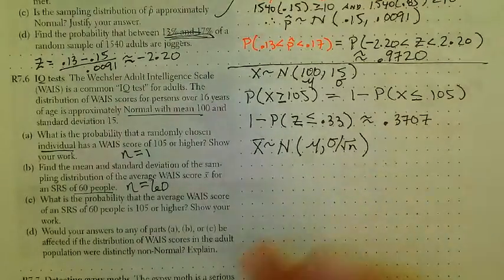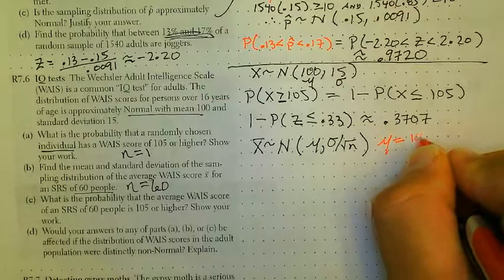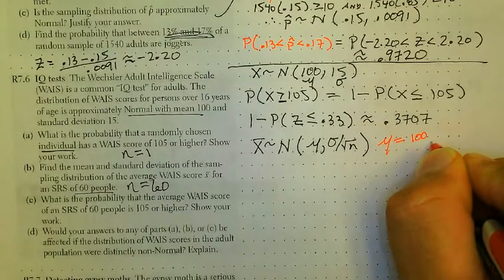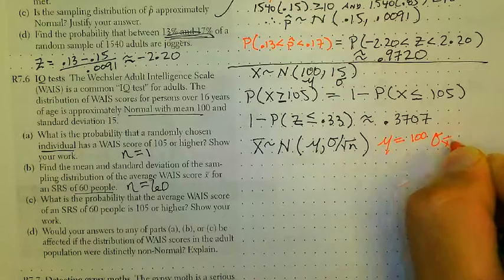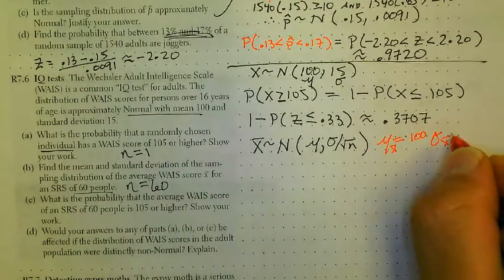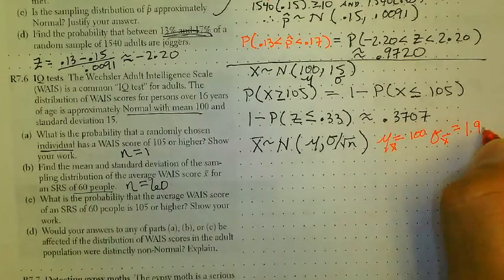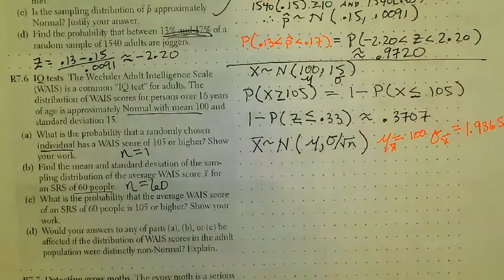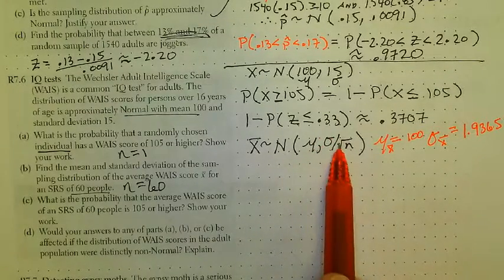What does mu equal in this case? Mu, we know, is equal to 100, and sigma of x bar, and this is mu of x bar, important that we write the right notation, sigma of x bar is equal to 1.9365 approximately. Alright, that's just 15 divided by the square root of 60.